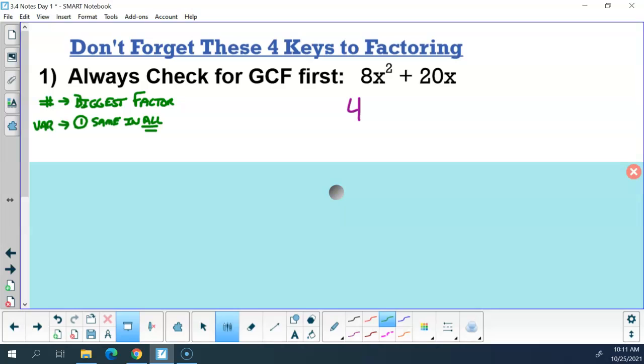And then you take the smallest exponent out. So looking at x squared and x, both terms have an x in it. So that satisfies condition number 1. And the smallest exponent is 1. So we're only going to take out 1x.